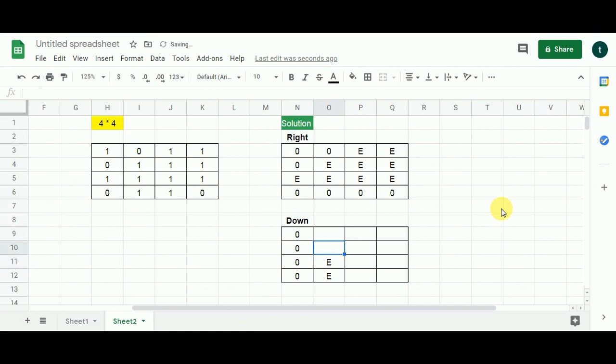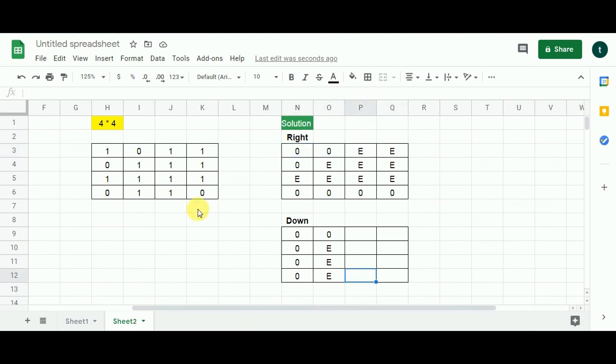Good. Over here we have 1. The first criteria is satisfied, and what is the value of the cell below it? It is also E. So E comes here, E passes up, and for this cell the value is 0, so I'm going to put 0 because the first criteria itself is not satisfied. Now let's move to this cell. You have to notice that we are moving row wise here, and in this matrix we moved column wise.